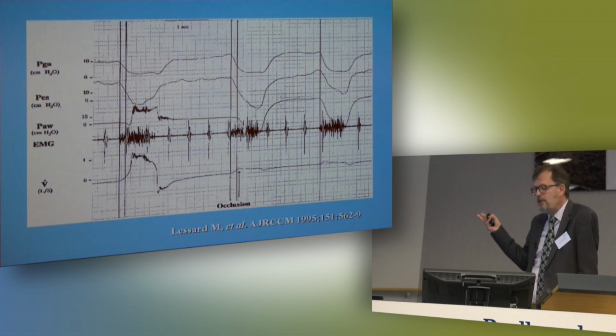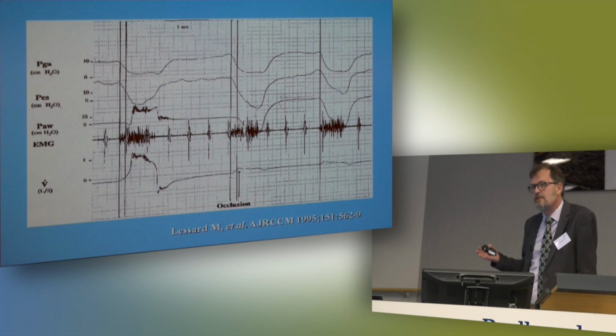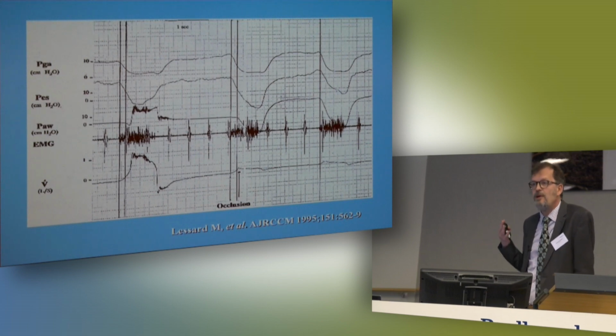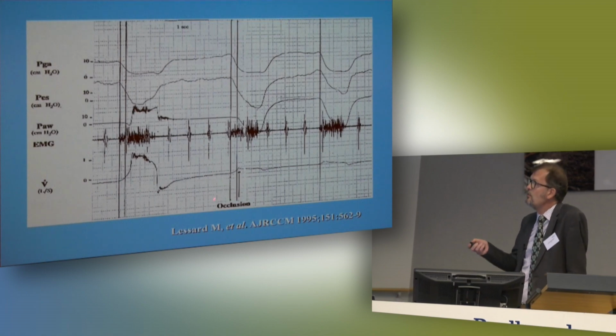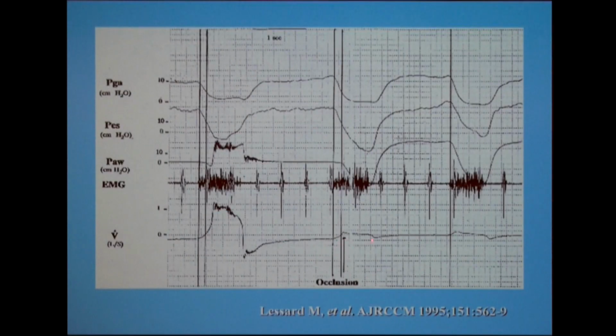The reason we used P.1 in the previous study was that it's difficult to measure intrinsic PEEP when patients are spontaneously breathing. And this is very bad because this is the time where it would be needed. One of the reasons why it's complicated is when you do an occlusion like that, for instance, to measure the passive pressure, what you get on the airway pressure, if you see the curve here, is to a large extent due to the contraction of the expiratory muscles.